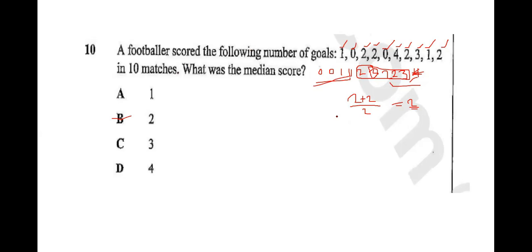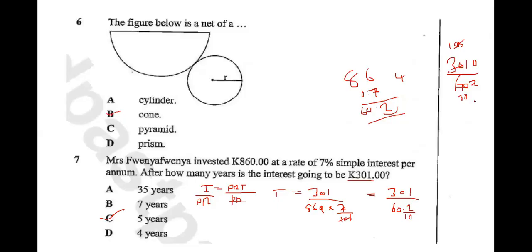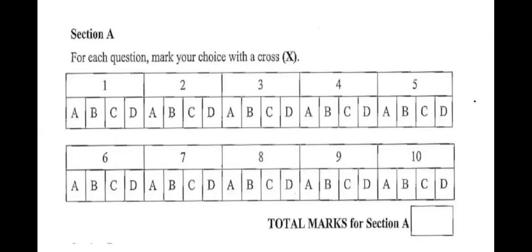All right. After finding your answers using the rough working space provided here, you don't need to show your working on the answer sheet. After you find your answers, that's when you begin to mark. For example, number 10 is B. Then you go to your answer sheet, number 10 here, your answer was B. So you mark your answers nicely.